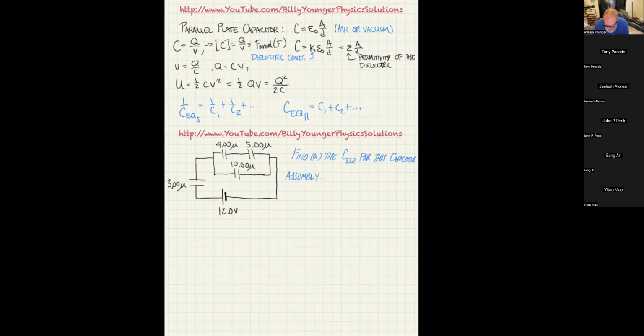Let's not start with that. Let's just say find the voltage across and charge on each capacitor.